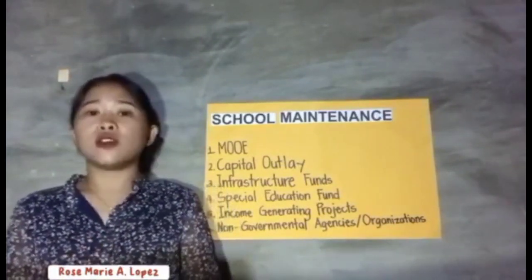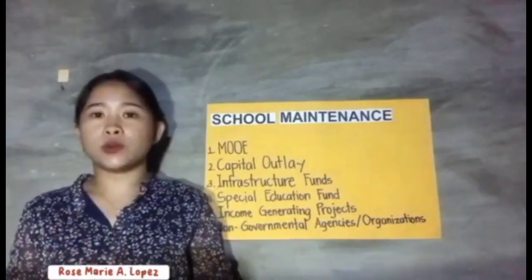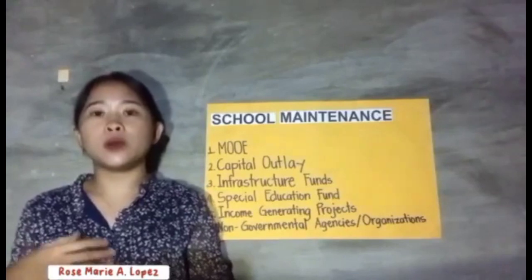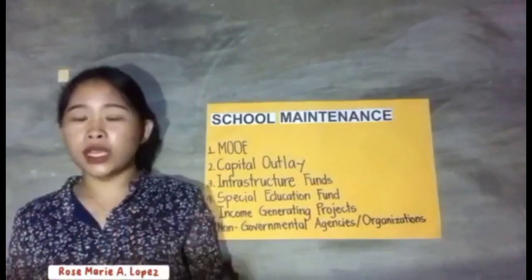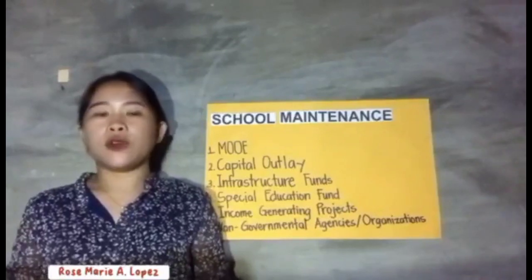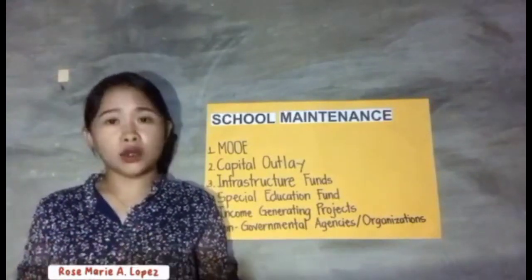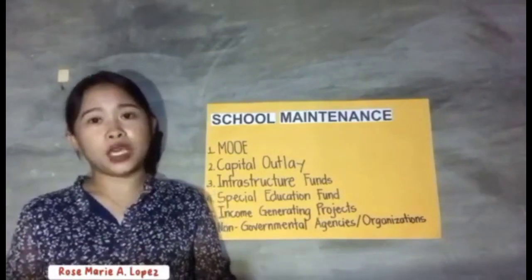So the uses of school MOOE is to procure school supplies and other consumables for teachers and students deemed necessary in the conduct of classes, to fund minor repairs, facilities, buildings, ground maintenance, and the upkeep of the school.